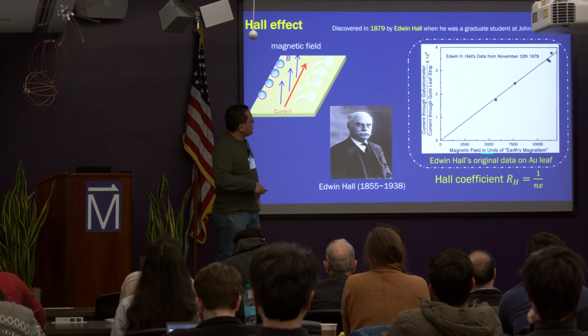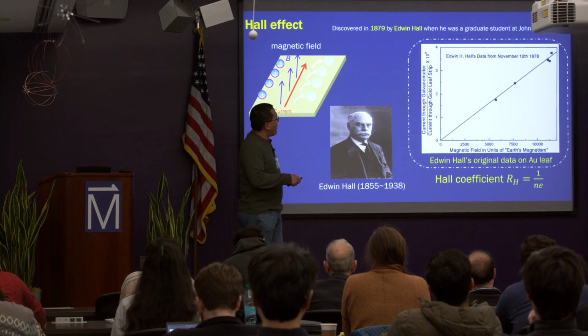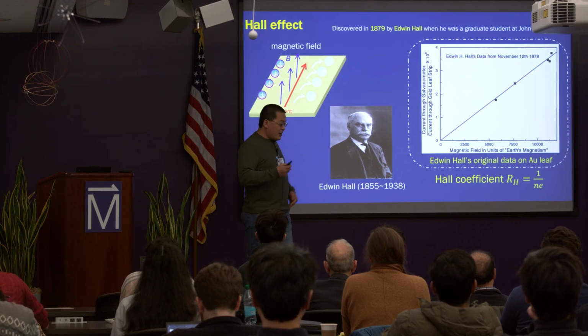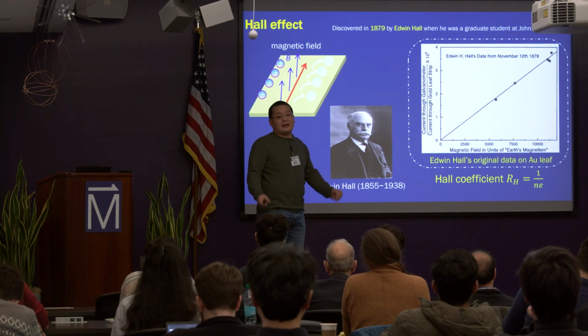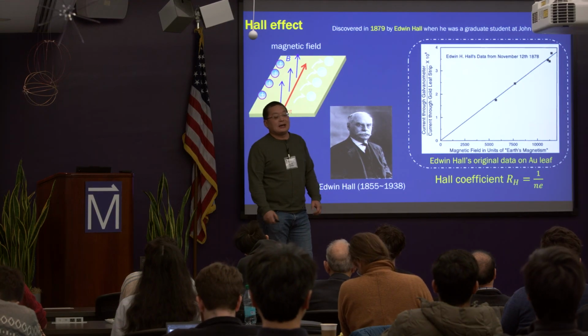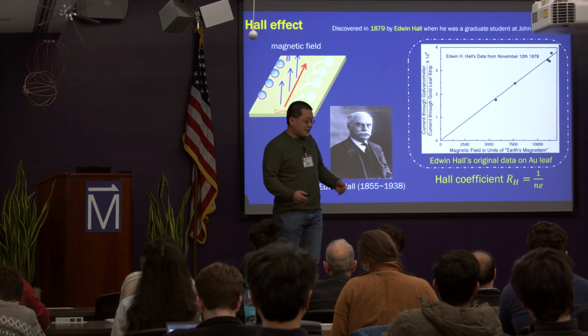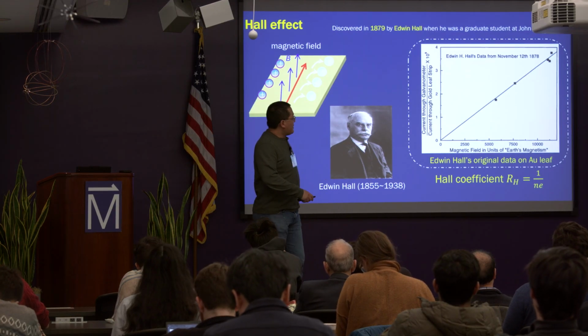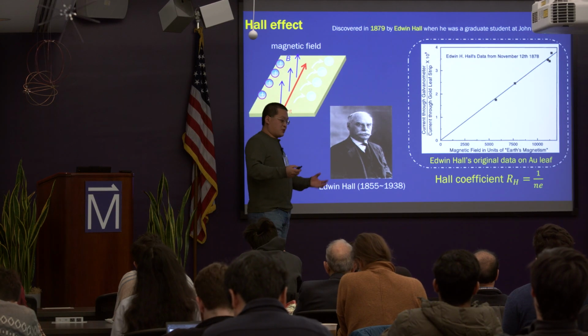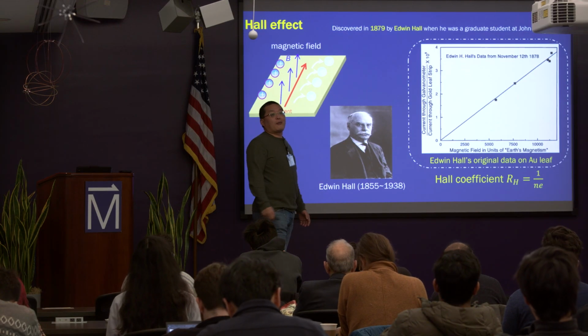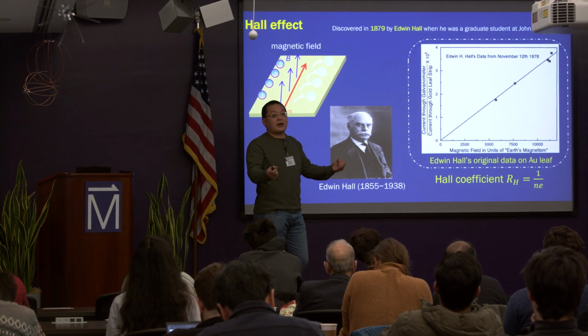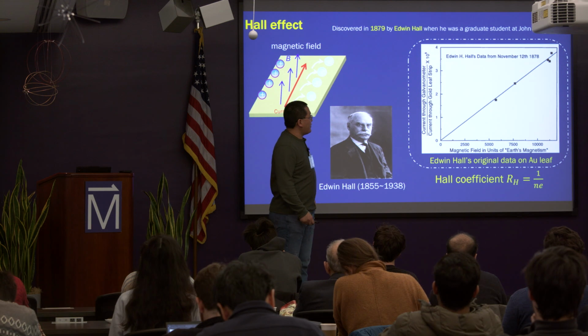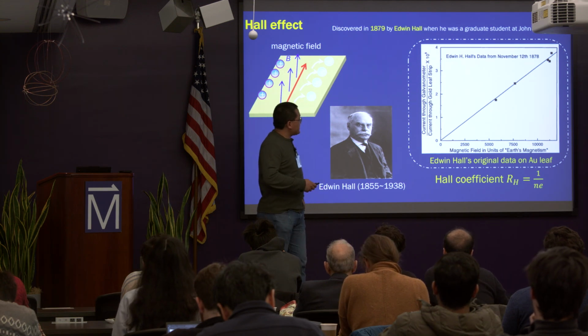And this is the original data Edwin Hall measured on gold leaf. The Hall effect is still widely used in the condensed matter field. For example, if we synthesize some single crystals, the first measurement we usually do is the Hall measurement to check the carrier type, carrier mobility, and carrier density.